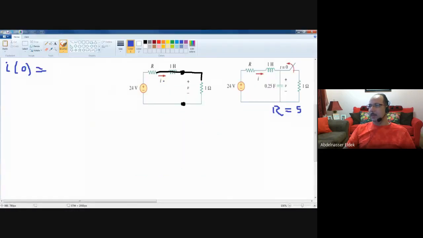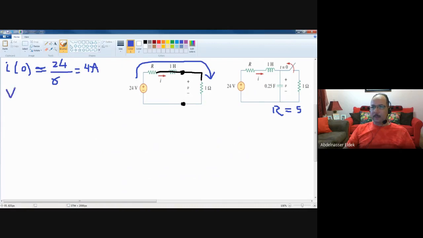So the current I equals 24 volts divided by R plus 1, which is 6. That's 4 ampere. So the initial current is 4 ampere.